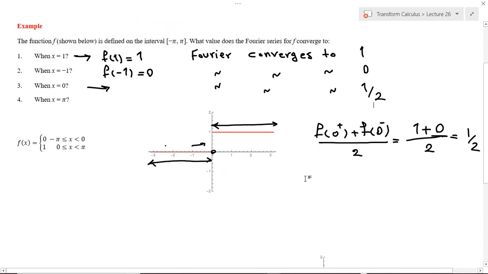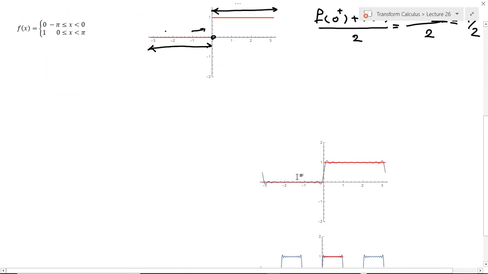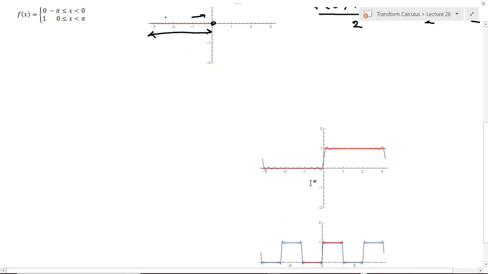Here we have the original function. The red function is f(x), and the blue one is the Fourier series when we consider n equal to 10. So when x is equal to 1, we can see that the Fourier series converges to 1.